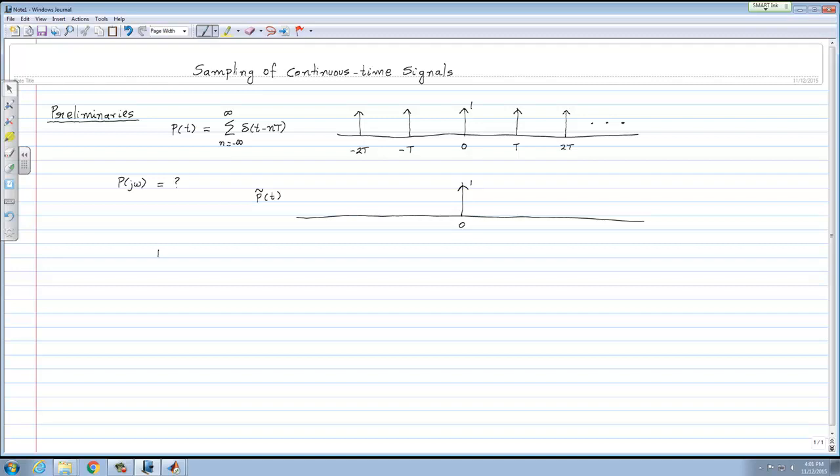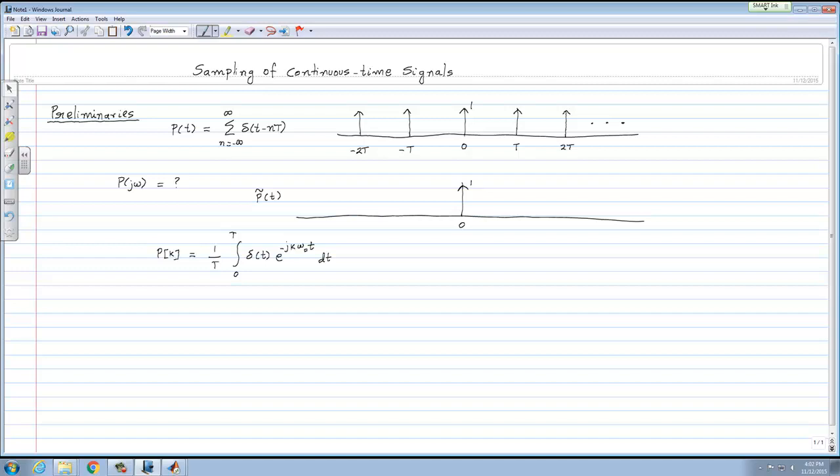And what would be the Fourier series coefficients of this signal? P of k. Well, the Fourier series coefficients can be obtained from the expression which says that you can compute 1 over T times the integral from 0 to T of p tilde of t, but you can see that p tilde of t is actually nothing but delta of t.